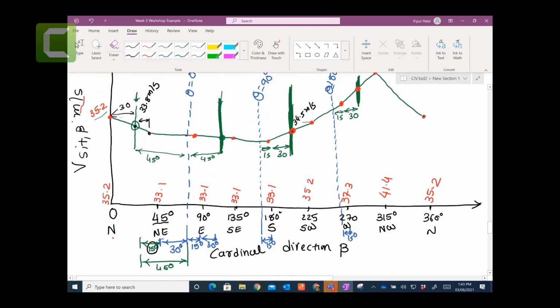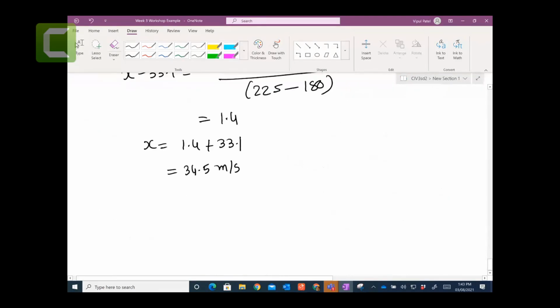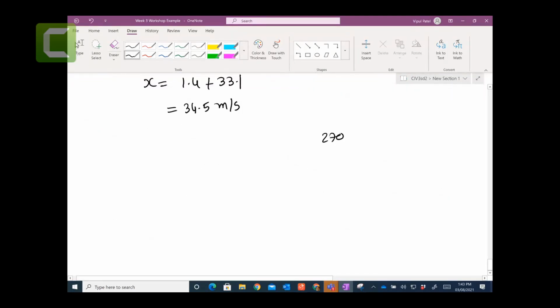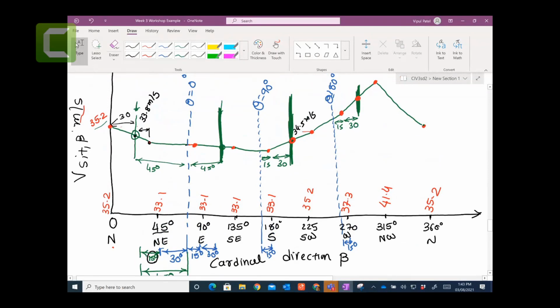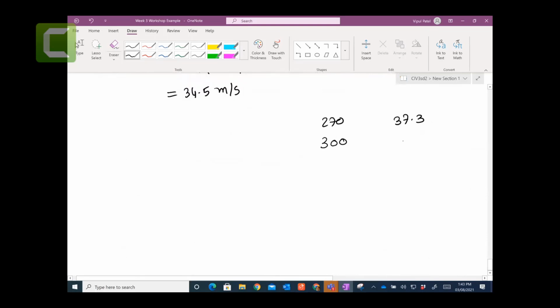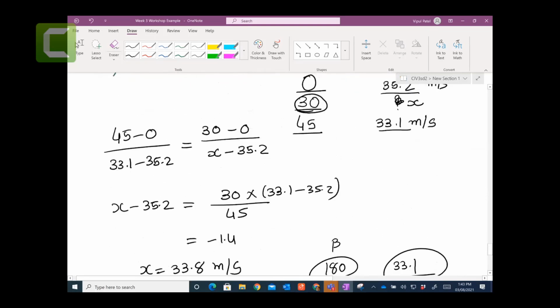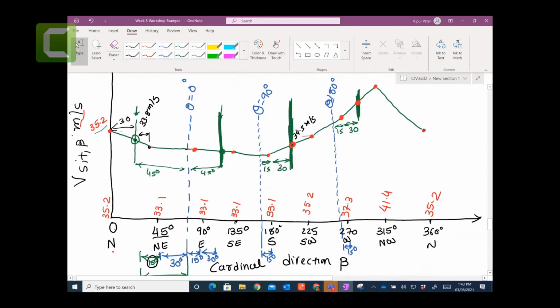Now let's do the calculation again. 270, 37.3. Then you have 270 plus 30, so you have 300. We need to calculate, and then this big one, which is 41.4 at 315.